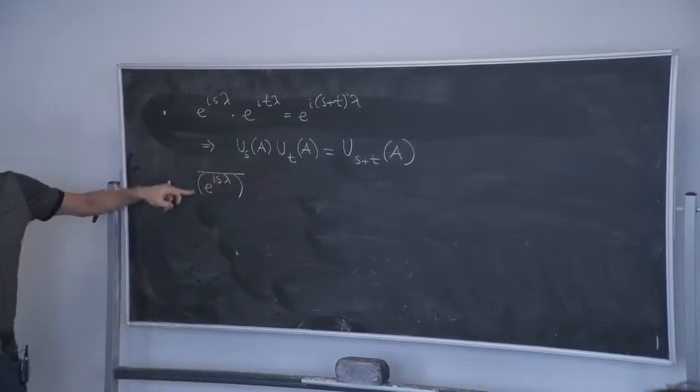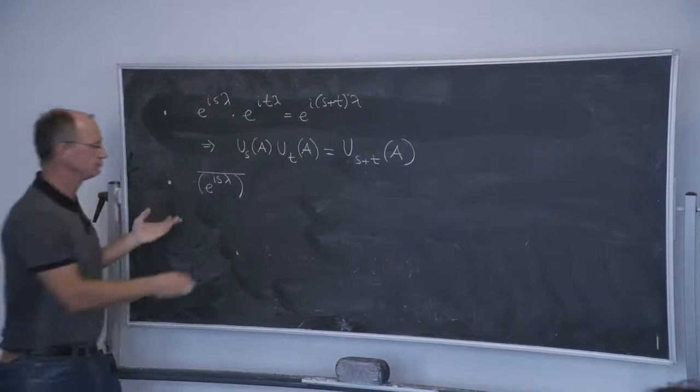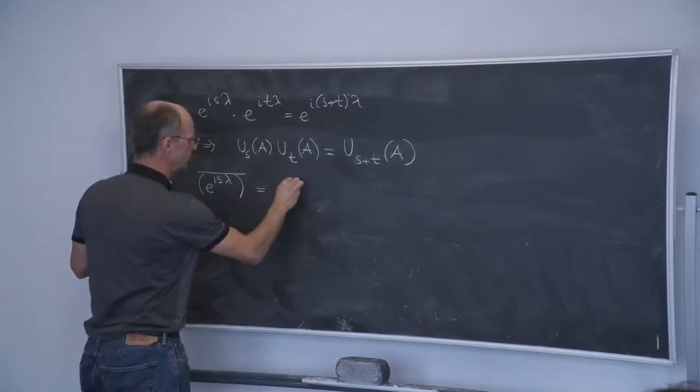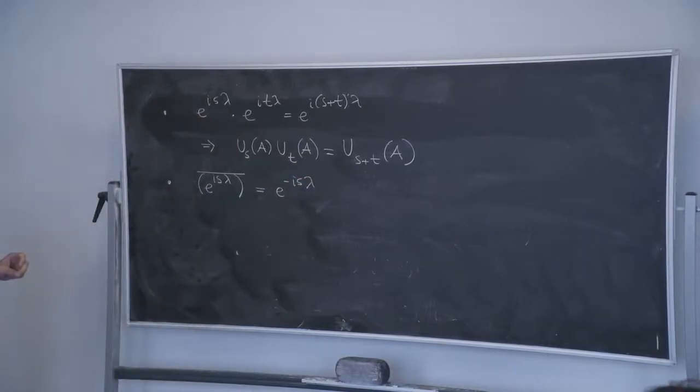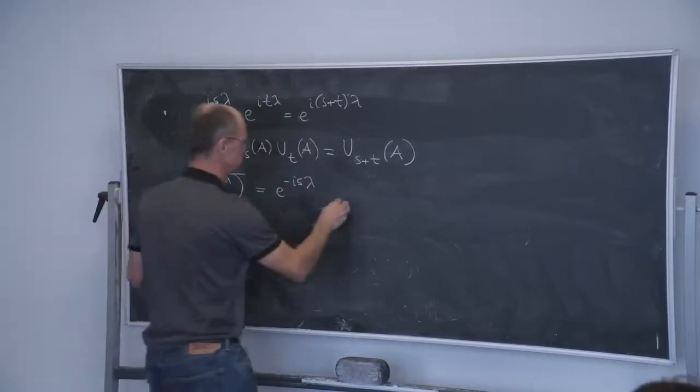So the complex conjugate of this function is equal to exponential minus i s lambda.